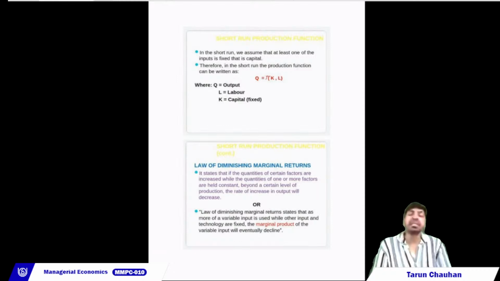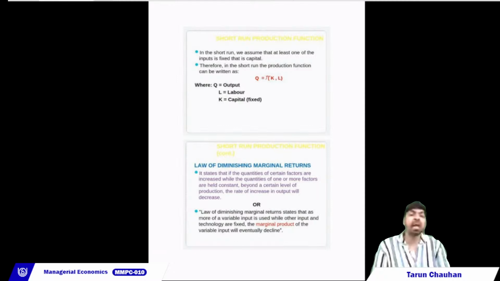And this concept is also called the law of variable proportion. In other words, the law of diminishing marginal returns states that as more and more variable input is used while keeping the other inputs, or technology, fixed, the marginal product will eventually decline.